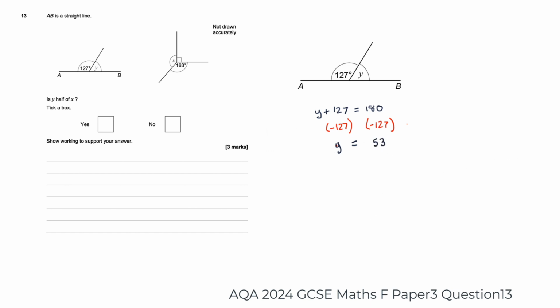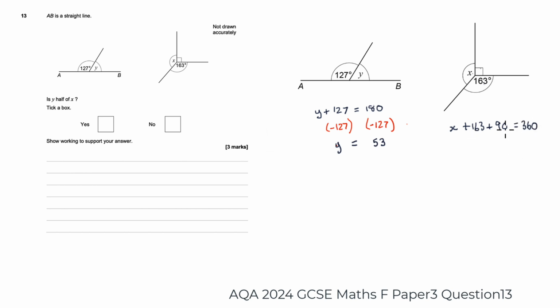And similarly, if we take the second diagram, we know the three angles around a point add up to 360. We've already discussed that. So let's write an equation to describe this situation. We've got the angle x plus 163 plus that 90, giving us 360 degrees.